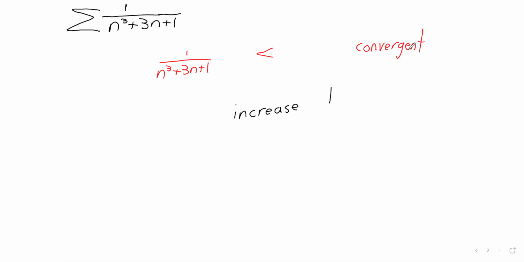To increase a fraction, well, we could increase the top. We could increase 1, but increase it to what? There is nothing that's springing out to me here as being very useful to do.